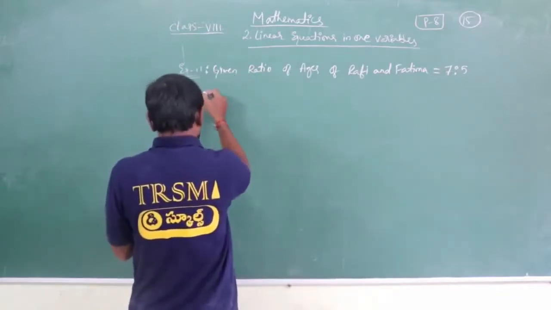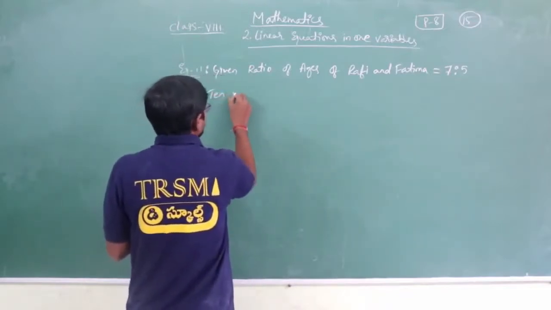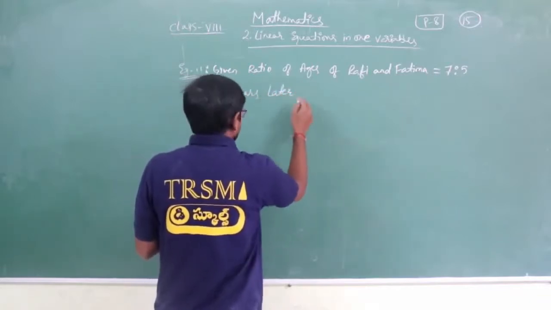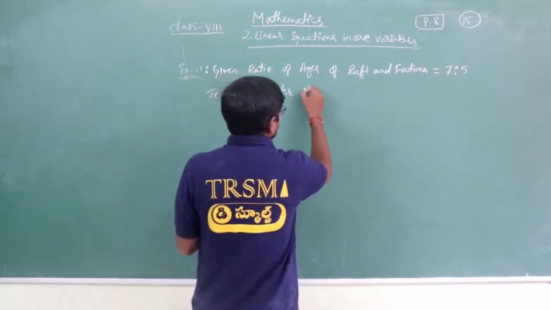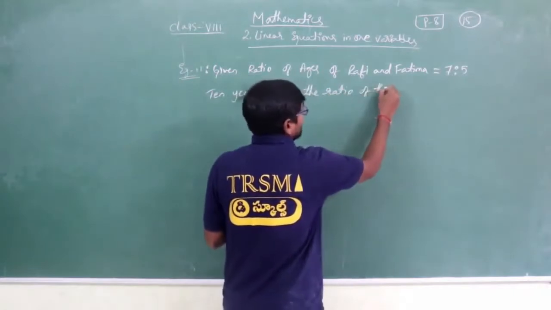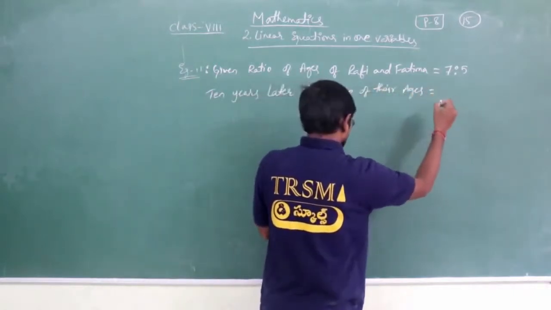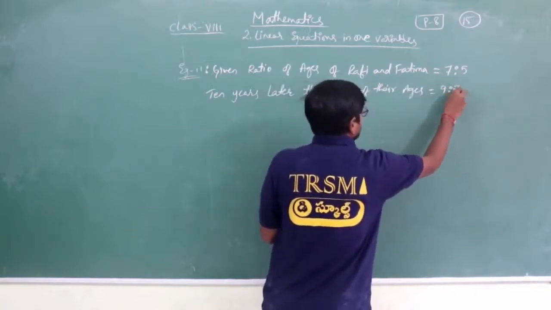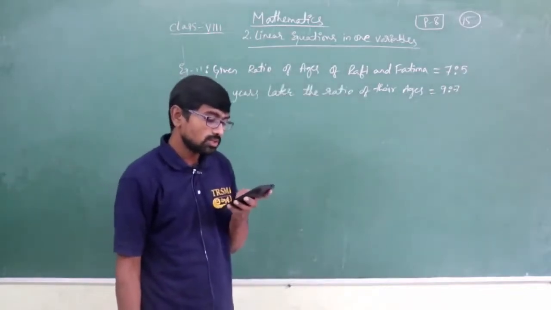So after 10 years, what is the ratio? Ten years later, the ratio of their ages equals 9:7.